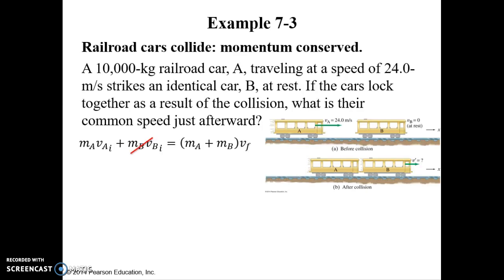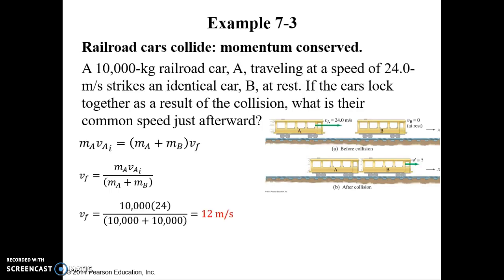The initial velocity of car B is 0, and the final velocity for cars A and B are the same. So I just factored out the final velocity. Our equation reduces. Solve for final velocity. Plug and chug, and we get 12 meters per second.